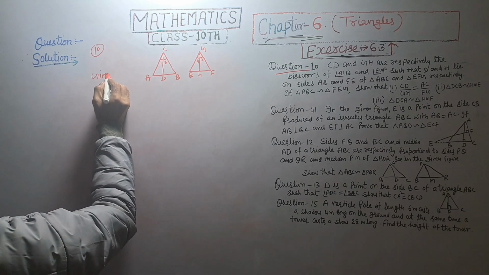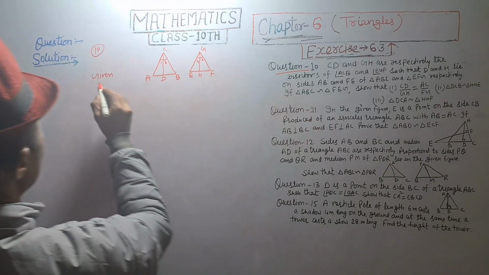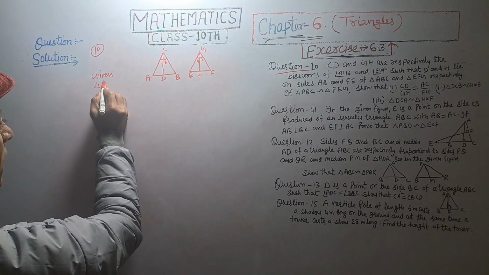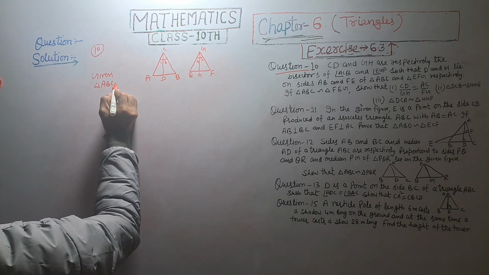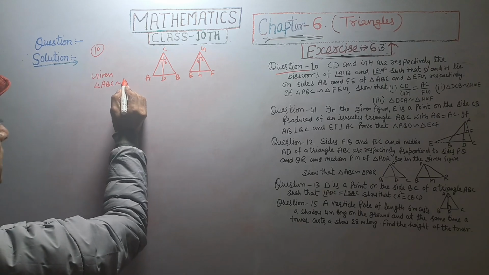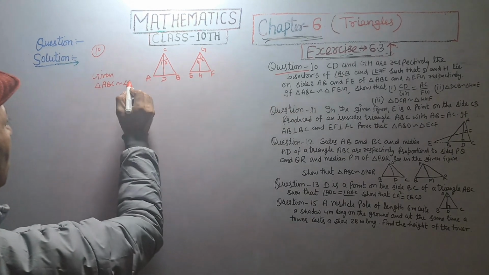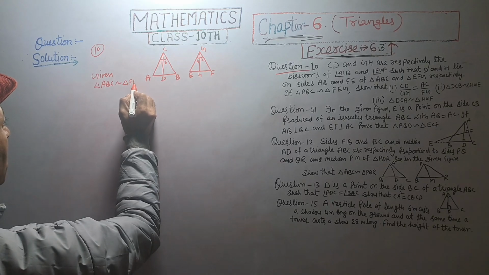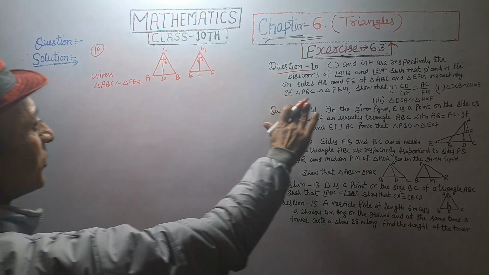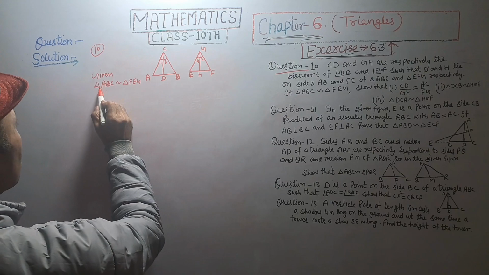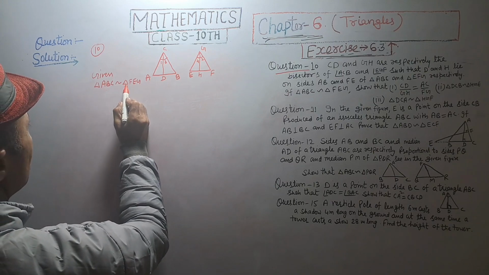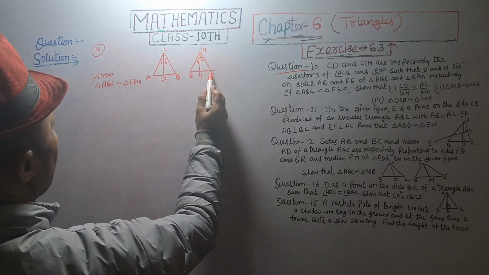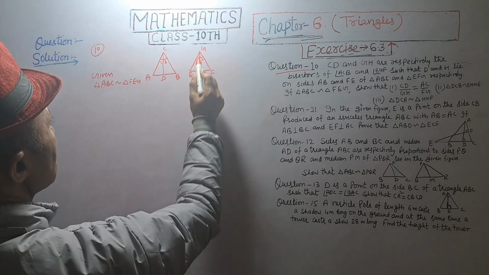Given: triangle ABC is similar to triangle FEG, it's given.